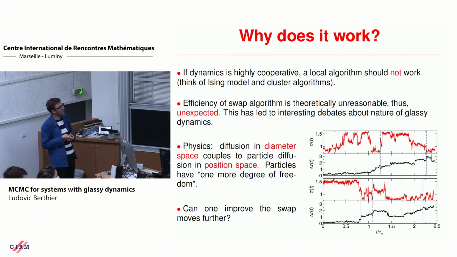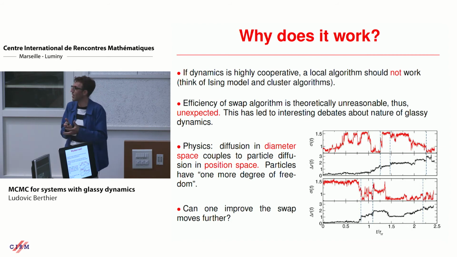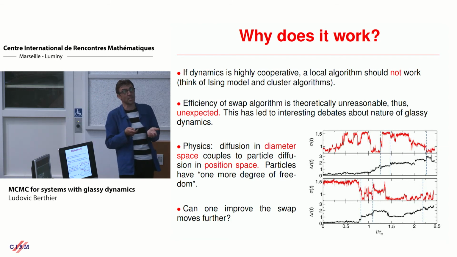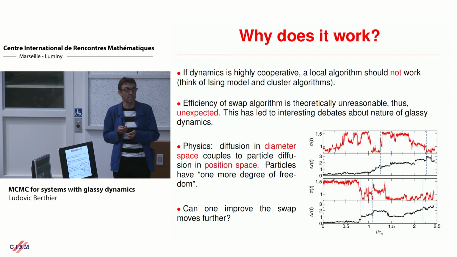There are cases, like here, where the particle suddenly becomes small and it doesn't move at all. So it's not a single-particle thing, like you have a small mouse and it goes small to go through the hole. It's not like this. It's a complicated collective thing where you have a coupling between diffusion in diameter space and position space, and this is what's speeding up the dynamics.